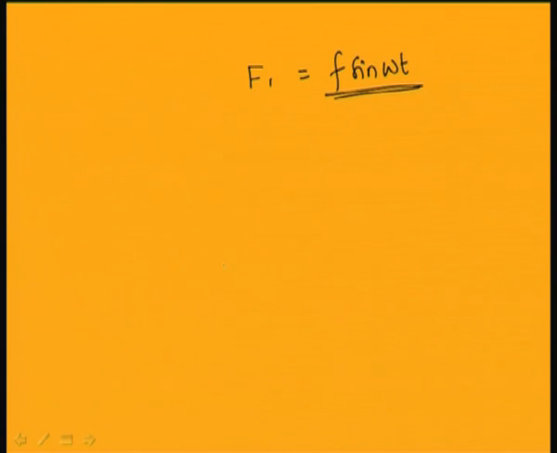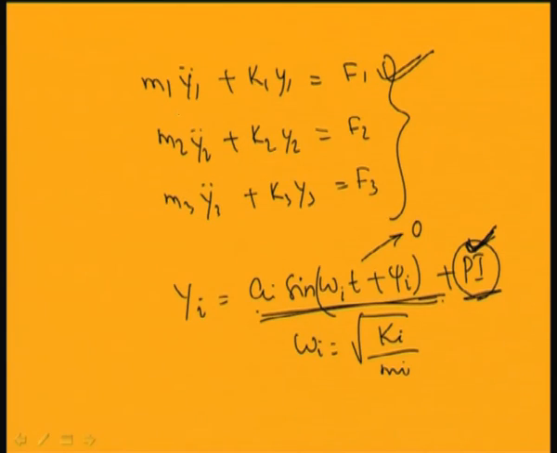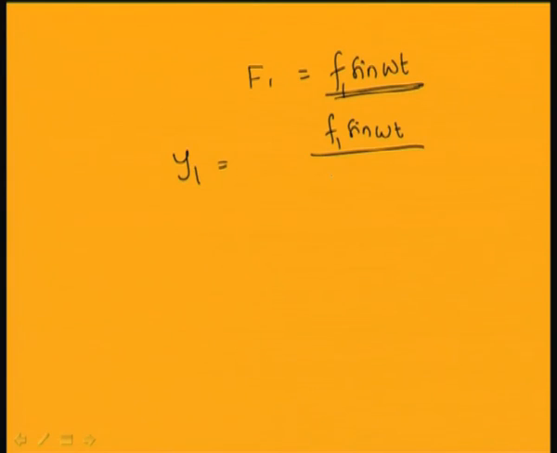So, in this case, if it is f sin omega t, then this y1 will be equal to f1 sin omega t divided by, so I can write this particular integral, m1 D square plus k1, where D square I will substitute by minus omega square.